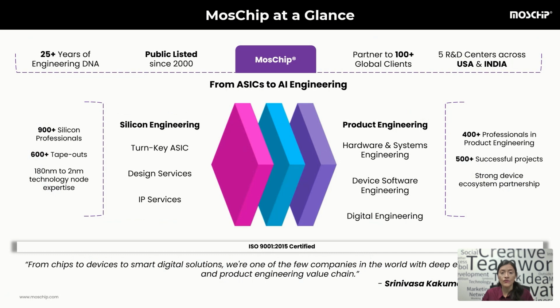Our work spans from designing ASIC chips and custom SoCs to building hardware boards and embedded software, from HMI and connectivity to AI and Gen AI based solutions. We also bring deep experience in edge AI, cloud integration, vehicle to everything, that is V2X, predictive maintenance, and cybersecurity.